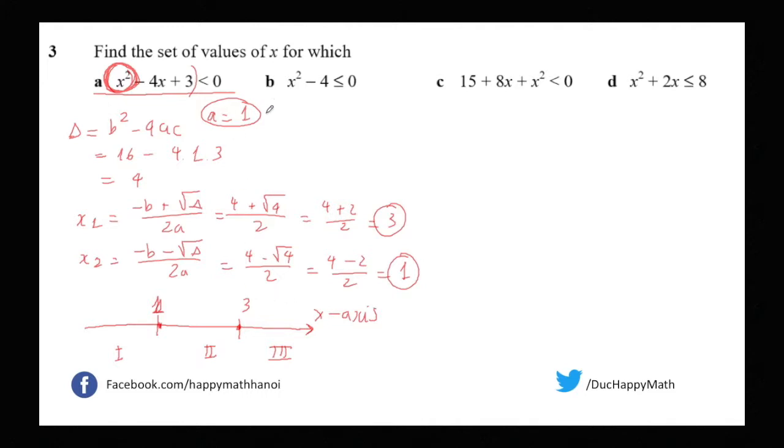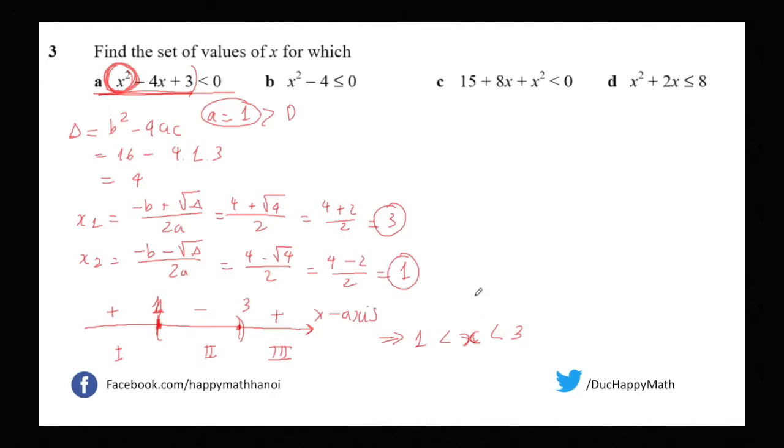This one is greater than 0, positive, so this part has to be positive, and this part has to be positive. And in the middle interval, from 1 to 3, you have negative. So from this sign, you will see that this function is less than 0 when x belongs to the interval from 1 to 3. It means 1 less than x less than 3.